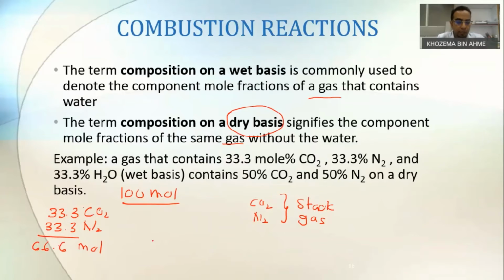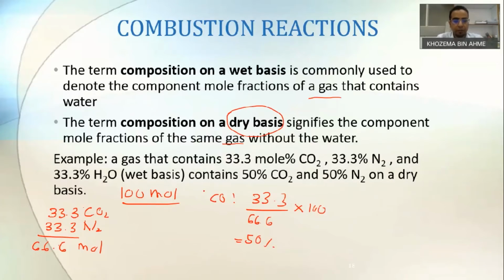Now if I want to get the composition of CO2, I will have 33.3 divided by my total mole on the dry basis, excluding water, which is 66.6, times 100. So I will get 50%.